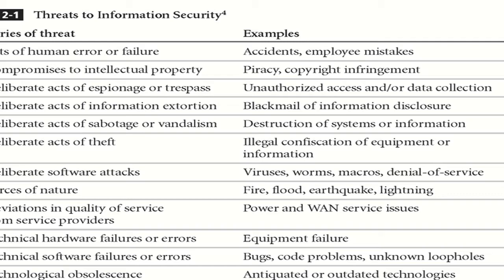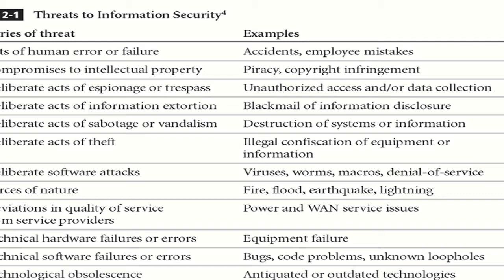Another category of threat is deviation in quality of service from service providers. An example can be power or wide area network service issues. Before a service provider actually provides a service to a customer or to a particular user, these two parties sign a service level agreement.